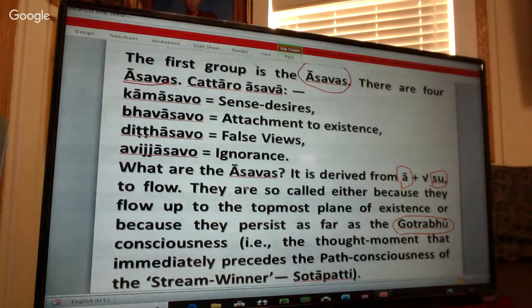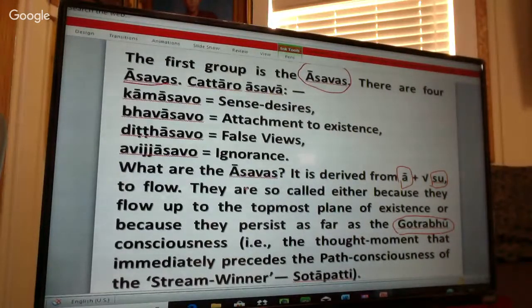So in detail, the Buddha explained that if you practice insight meditation more and more, your mind becomes more and more powerful. At last comes the Gotrabhu consciousness, Gotrabhu Citta in Pali. Gotrabhu means the lineage, the lineage of Putujana and Ariya.